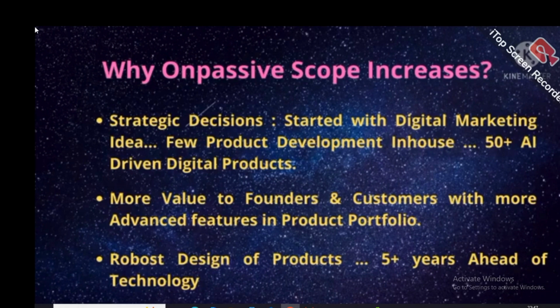Gradually, based on the progress and the founder response, ONPASSIVE decided to enhance the project scope to a mega project with 50 plus AI-driven digital products. And the scope also increased because ONPASSIVE will provide value to both founders and customers with more advanced features in the product portfolio.